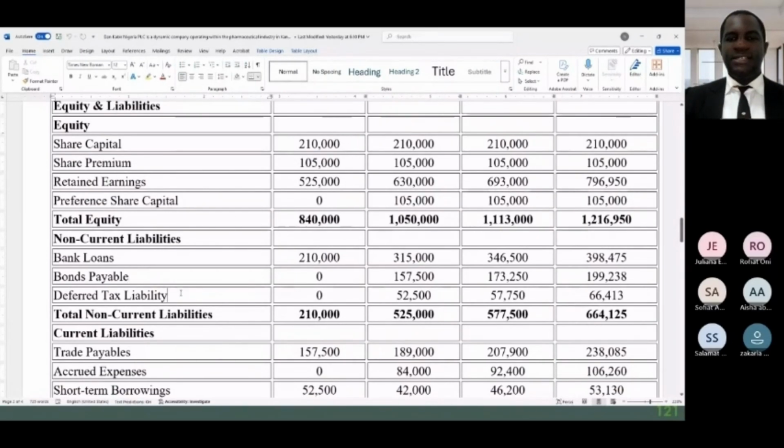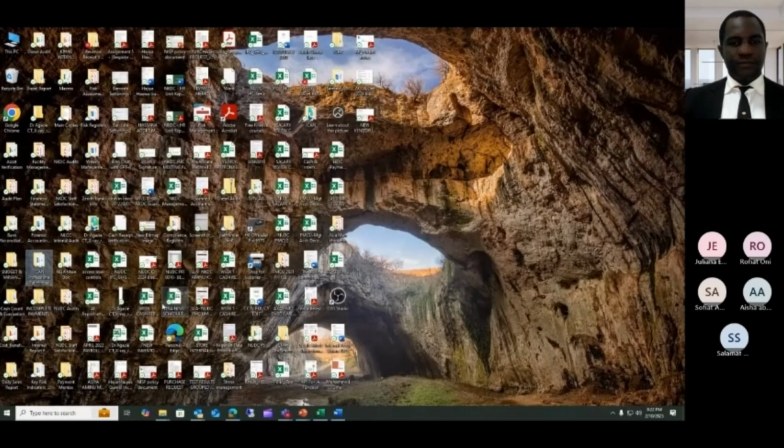But deferred tax liability is a tax you're supposed to pay, but you've not paid it, so you deferred it. So it is not a debt per se. It is a liability owed to the government. And that is why in the calculation of return on capital employed, you don't add deferred tax liability. So take note of that, because you may see such scenarios in the main exam that will tweak or confuse you.